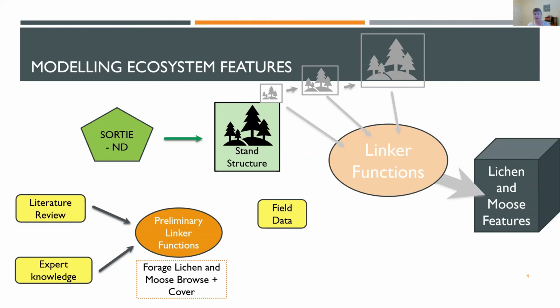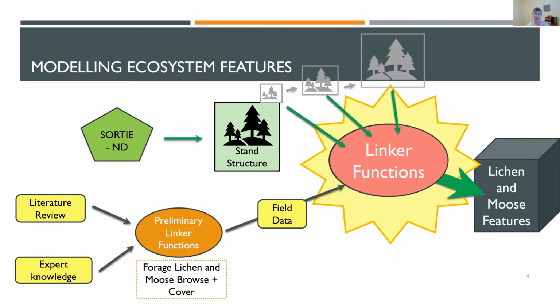At each plot, we assessed site features, the stand structure, and collected vegetation and lichen information. We then used this field data to develop and refine our linker functions. So now we have linker functions that we can apply to our SORTIE output and use it to predict or project the suitability of the stand as it changes over time to support lichen and moose browse.